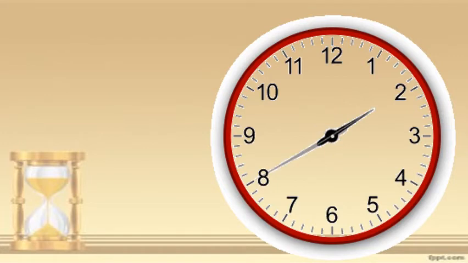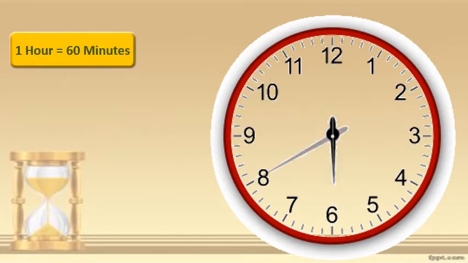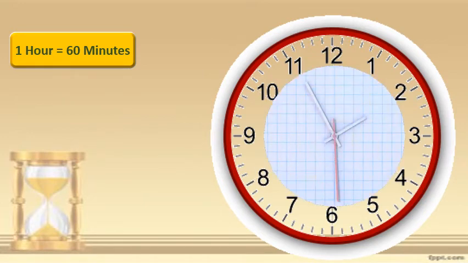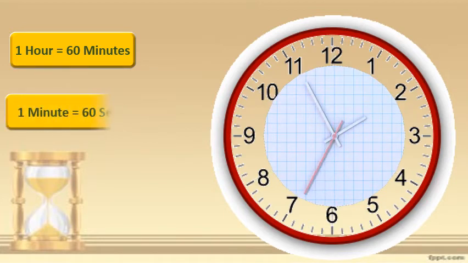Now dear students, here you know that 1 hour is equal to 60 minutes. See that hour hand, when the minute hand completes one round, then the hour hand changes its place to the next digit, isn't it? Okay, means 1 hour is equal to 60 minutes. Now 1 minute is equal to how many seconds? Yes, 1 minute is equal to 60 seconds.